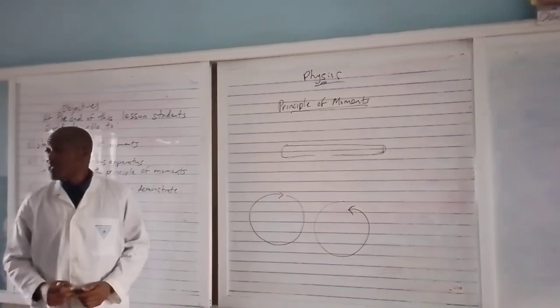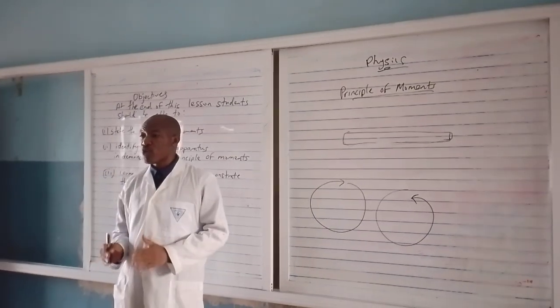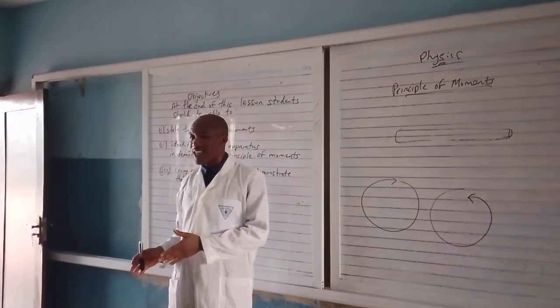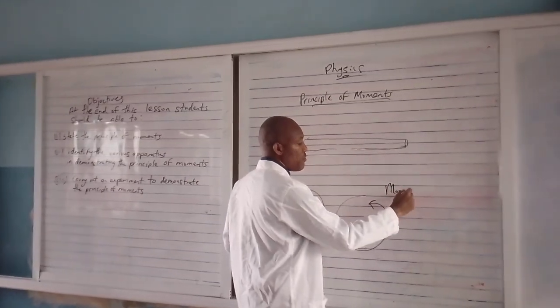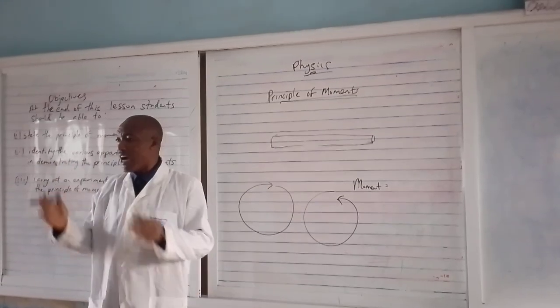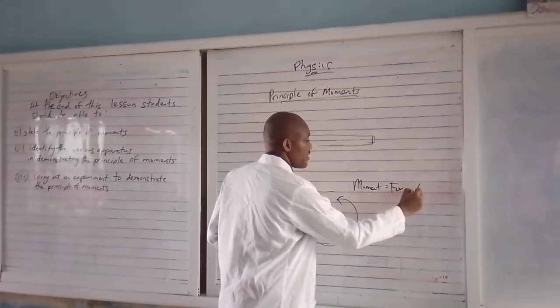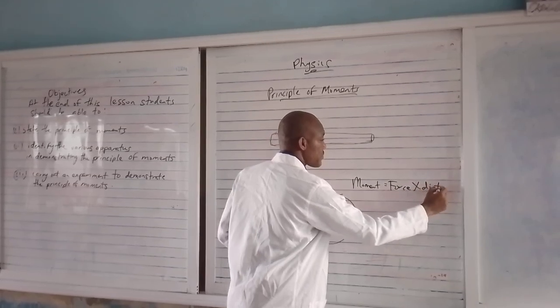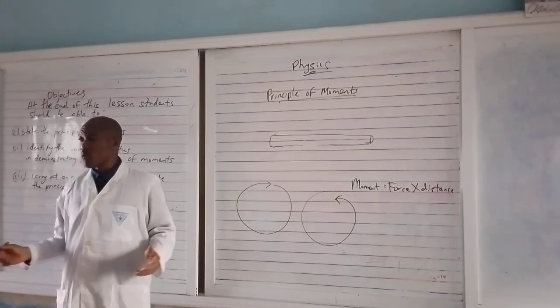Now, when we say moment, what do we mean by moment? Moment simply means the product of force and distance. In other words, moment is the multiplication of a force and a distance. So force times distance is what the moment means.